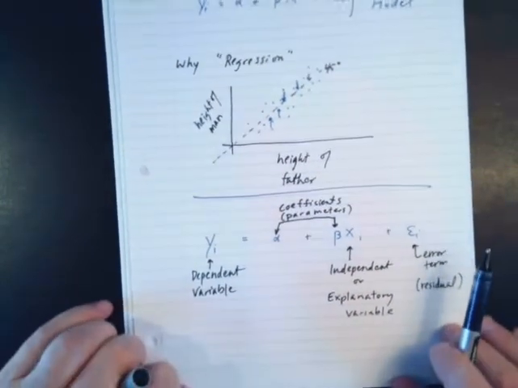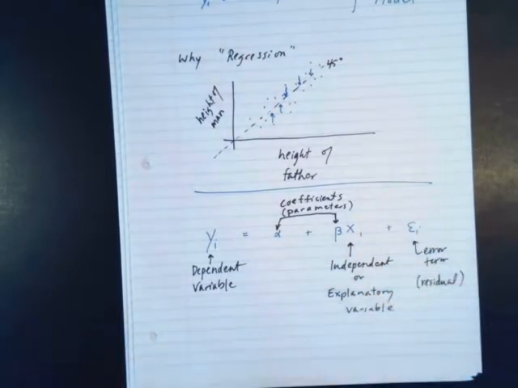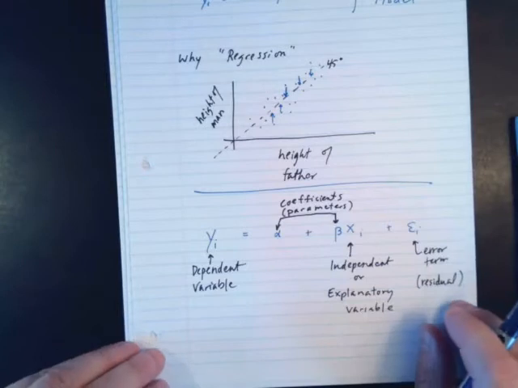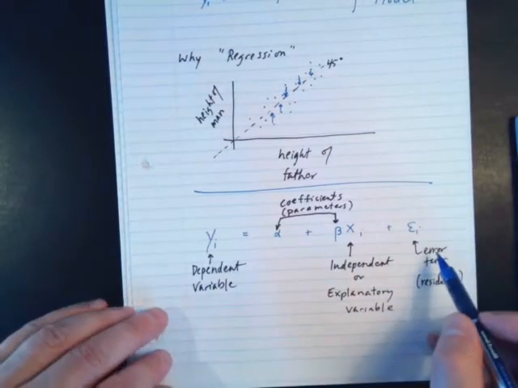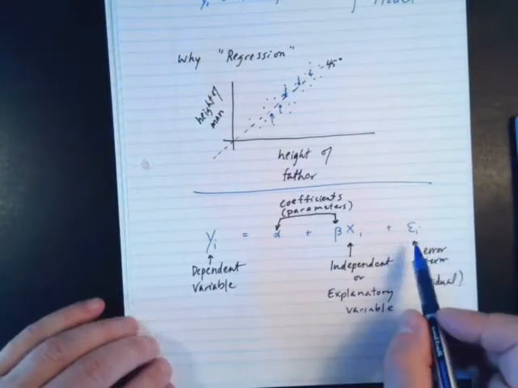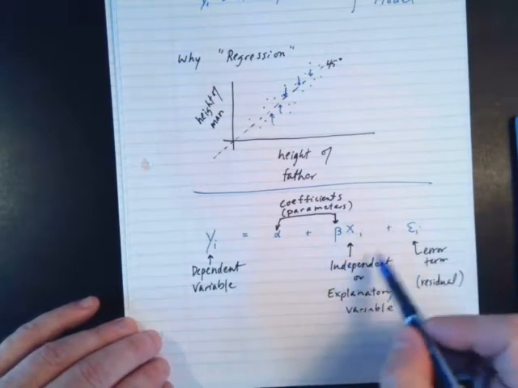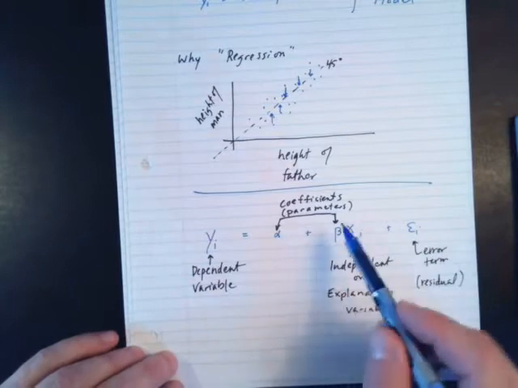But right now I'm writing down the model, so I'm going to refer to that as the error term. And so the error term then is just everything that can explain changes in the dependent variable other than the independent variable and the coefficients.